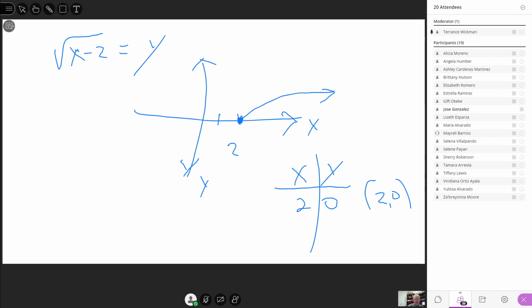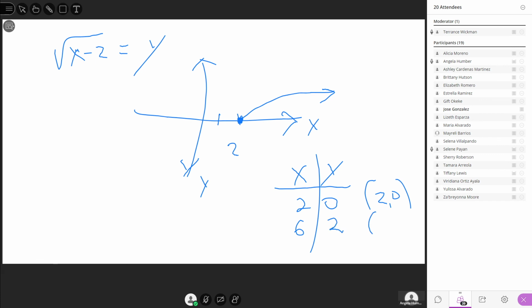Which was 0. What's a number you could put in for x to give you a clean y? What could x be to give you an easy y? How about 6? What's 6 minus 2? 4. And what's the square root of 4? 2.